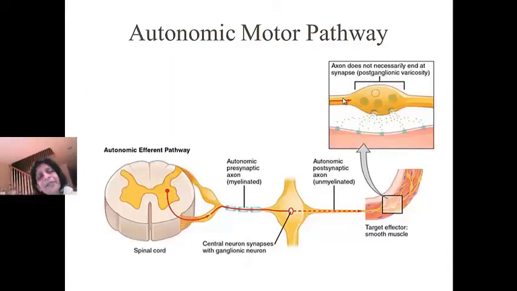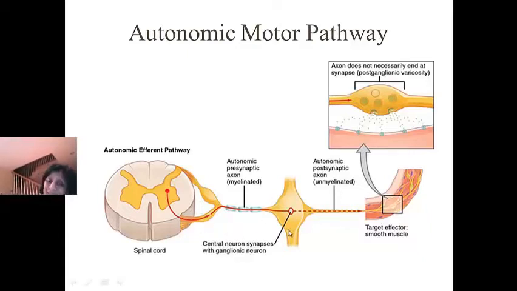How is it different from the autonomic pathway? Well, the lower motor neuron that leaves the spinal cord, in this case it's the spinal cord, but in some other cases it could be the brainstem area, doesn't end directly on the structure that it supplies, which we refer to as an effector.